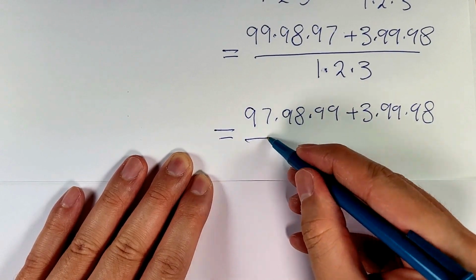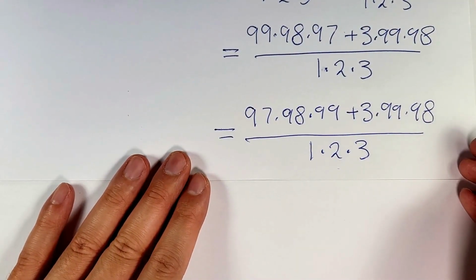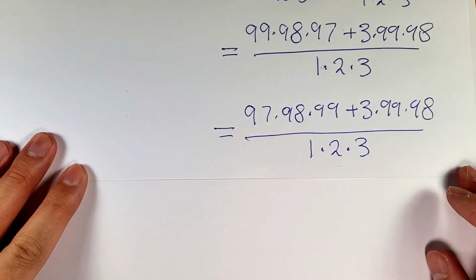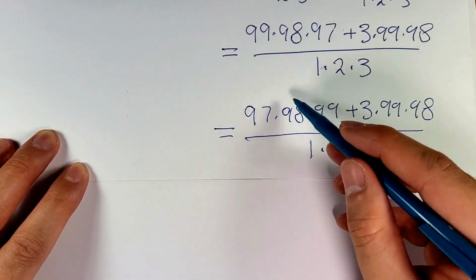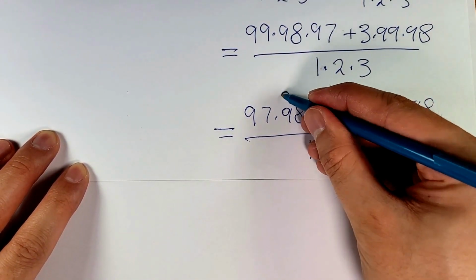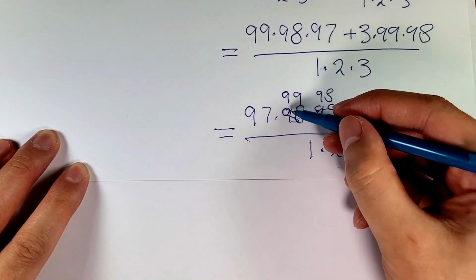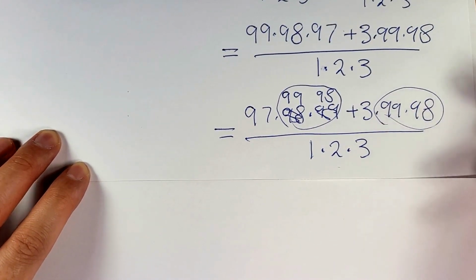This number is over the same denominator as before. So notice that I can rewrite this as 99 times 98 and 99 times 98.